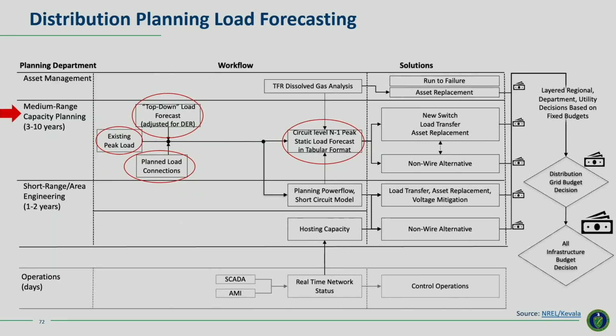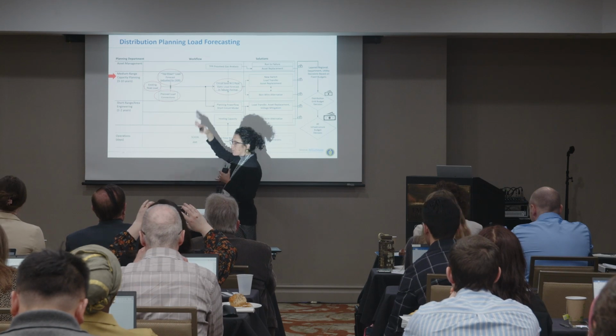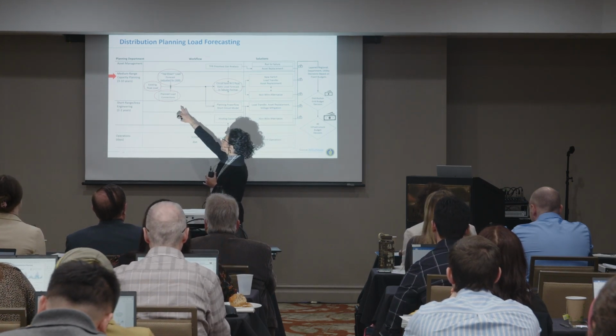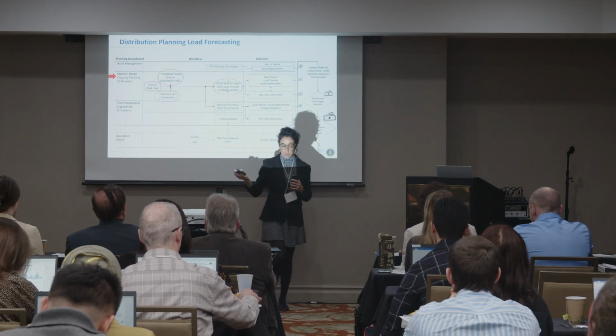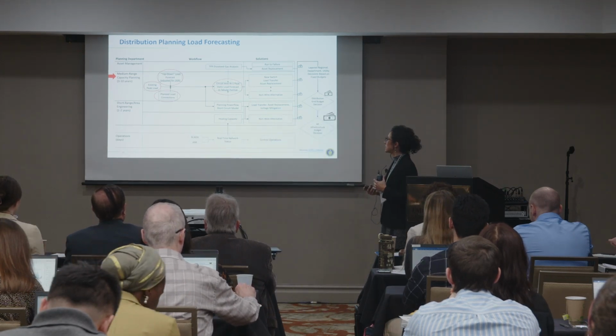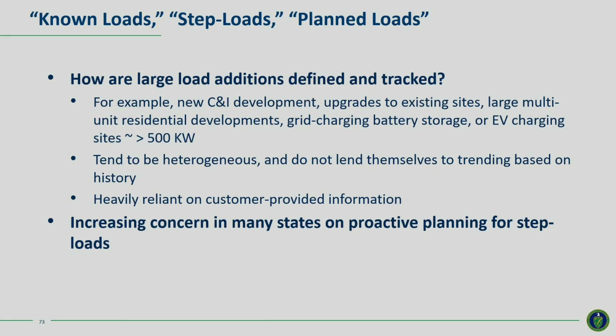This is another form of what I just presented, simplified. So the capacity planning exercise: you take the existing peak load, you might weather normalize it or not, you might adjust it for DRs, and then you also adjust it for the planned load interconnections that you have received from large customers wanting to interconnect. So what are these known loads or step loads that I was mentioning?